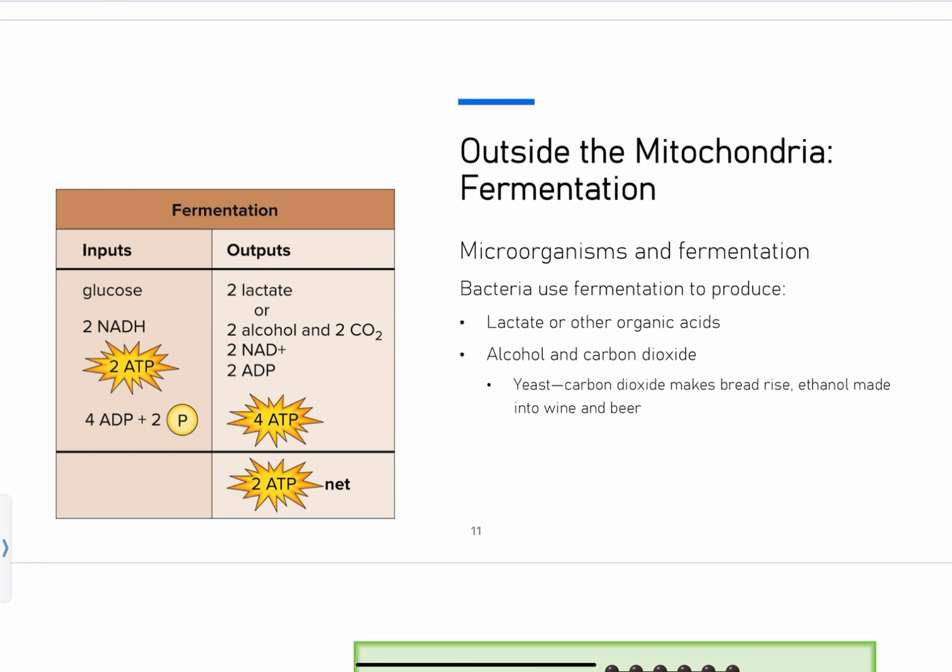And this form of fermentation has widespread applications in food and beverage production, especially bread making. The carbon dioxide that's produced by yeast is what's going to cause the dough to rise. And we're also going to have ethanol that can contribute to the production of wine and beer.